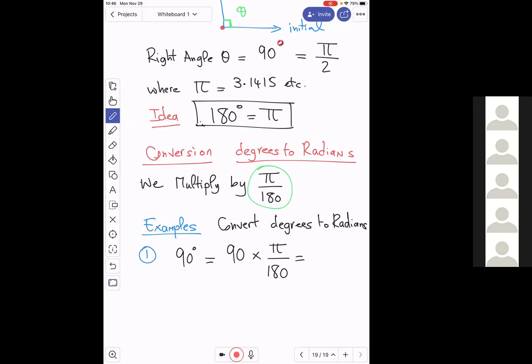And of course, you can reduce 90 over 180. You can divide here by 90 and here by 90. So that's just pi over 2. 90 over 180, that's a half. So then the answer is a half of pi, right?